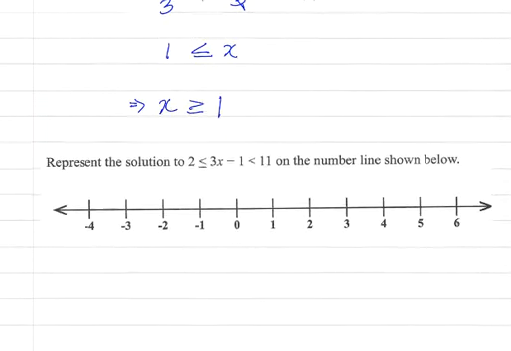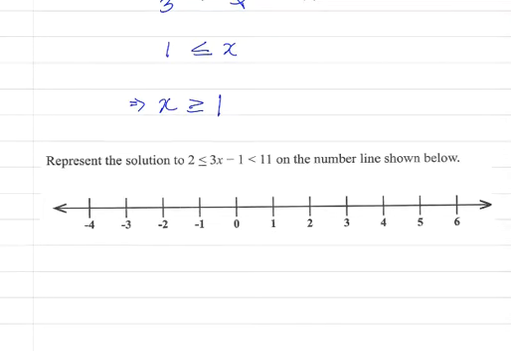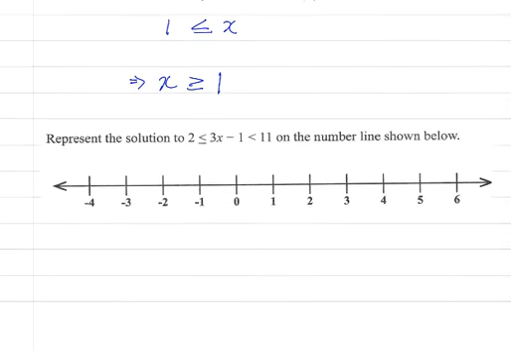Alright, the last part of the question says, represent the solution of 2 is less than or equal to 3x minus 1 is less than 11 on the number line shown below. The first thing: 3x minus 1 is less than 11 and is greater than or equal to 2 is actually two inequalities in one.